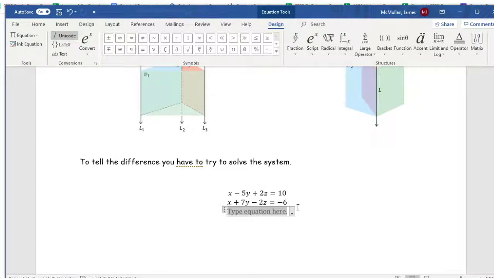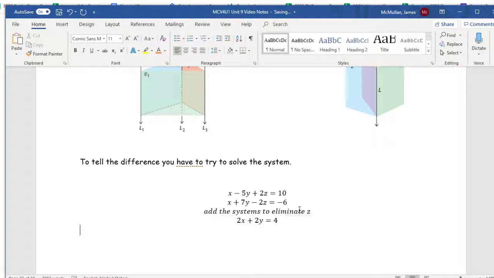I don't need to do anything special here. I can just add the equations to eliminate z. I could also subtract to eliminate x. It doesn't matter. Let's add them together. x plus x is 2x. Negative 5y plus 7y is 2y. And 10 plus negative 6 is 4.